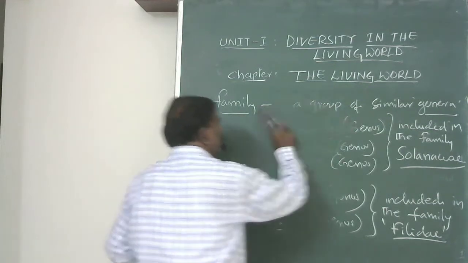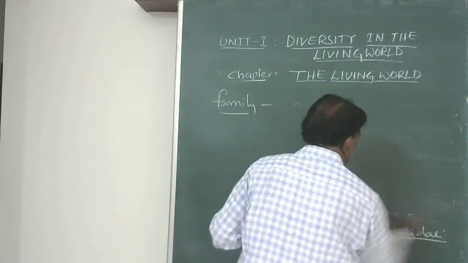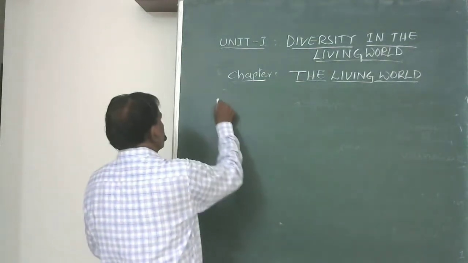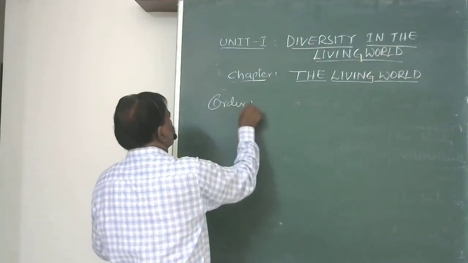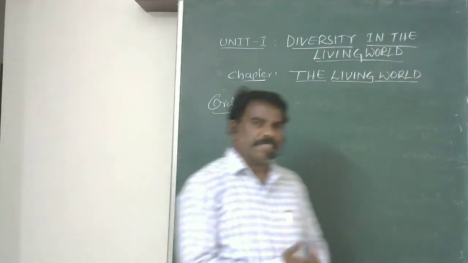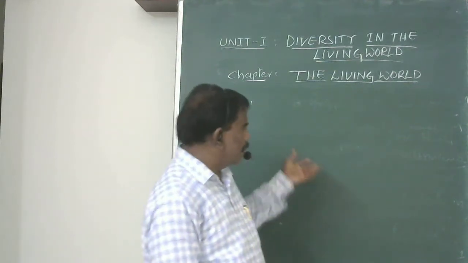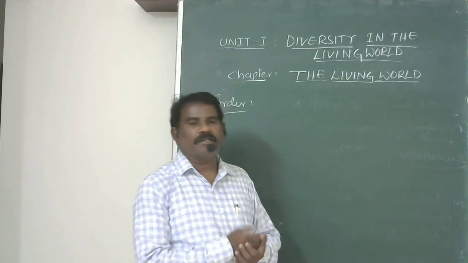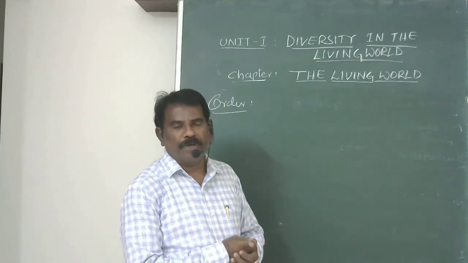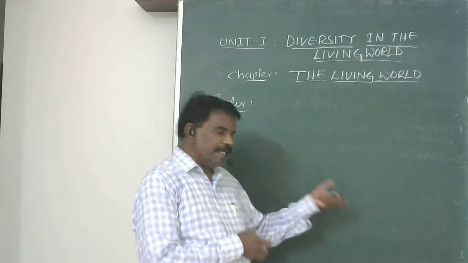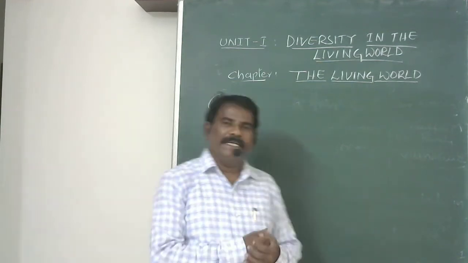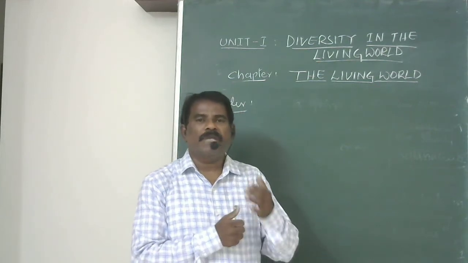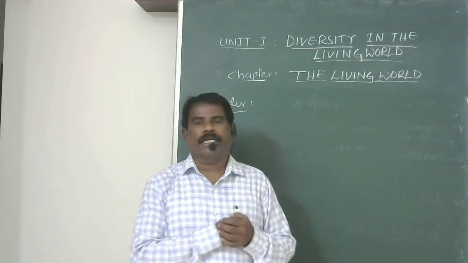The next one is order. Before going to discuss it, as we saw earlier in the categories species, genus, and family, while creating these categories we considered similarities between the organisms.